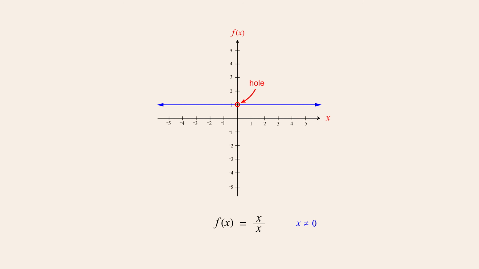A hole is produced whenever a numerator 0 is identical to a denominator 0. In this example, both the numerator and denominator are 0 when x is 0. At an x value of 0, the function's value is therefore undefined, and so 0 must be excluded from the function's domain, producing a missing point or hole in its graph.